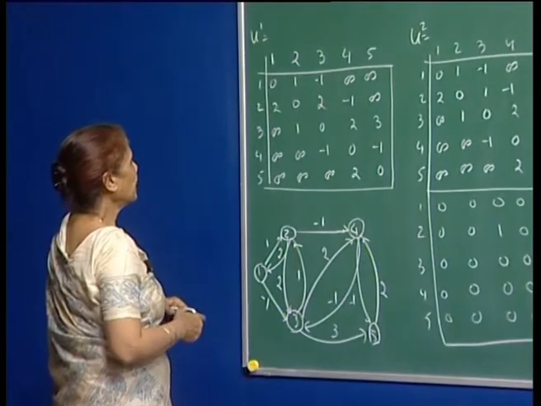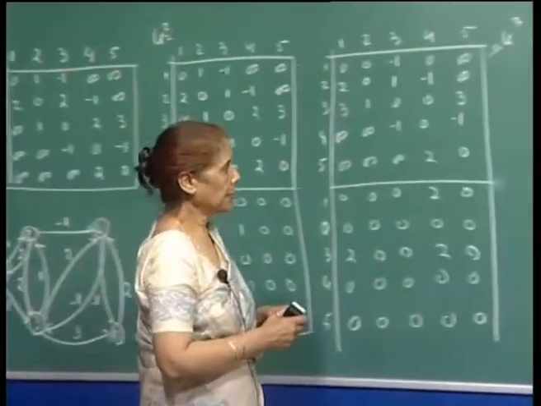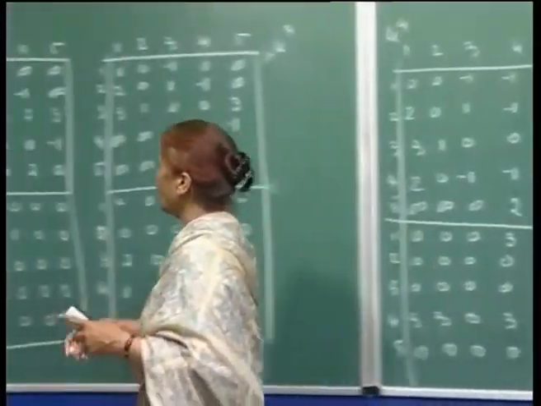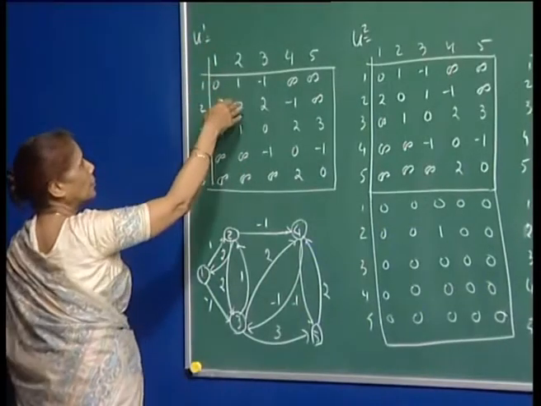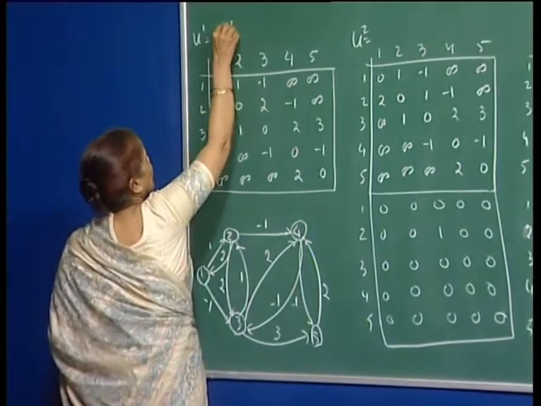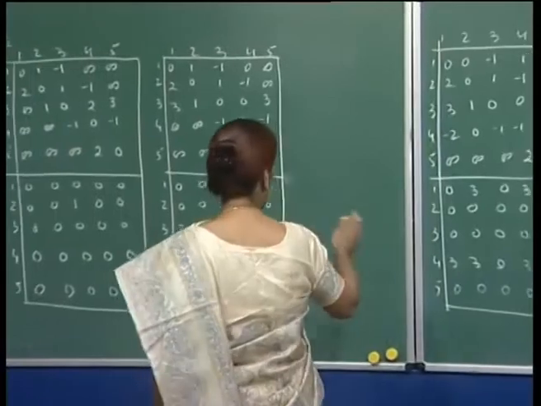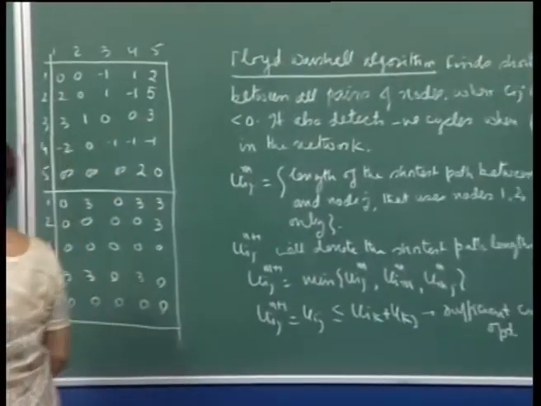Then you want to compute, for example, uij. So, this one is uij1. I am calling the matrix capital U1, and the components are uij1. Let us use the matrix representation, and I will try to show you the recursions for the Floyd-Warshall algorithm.